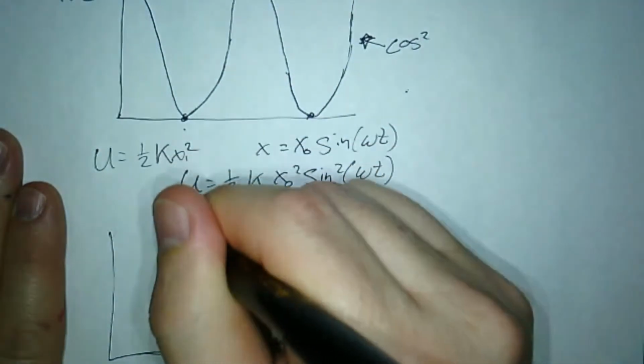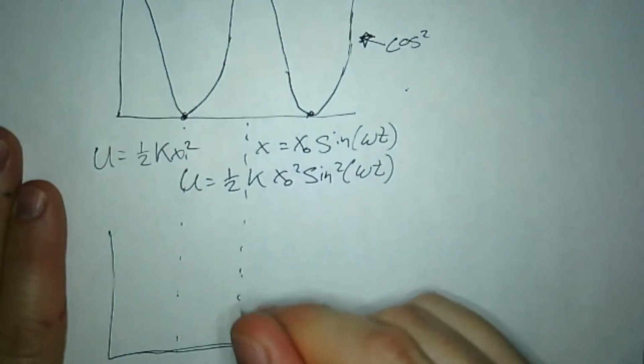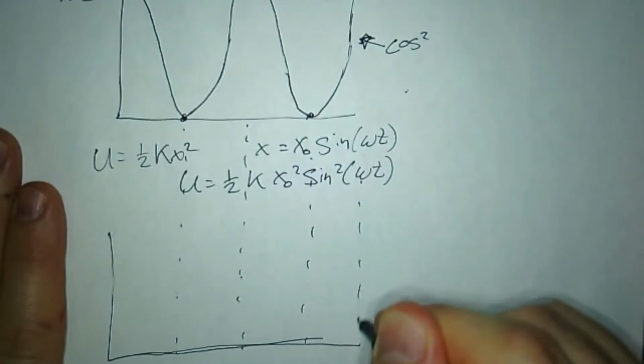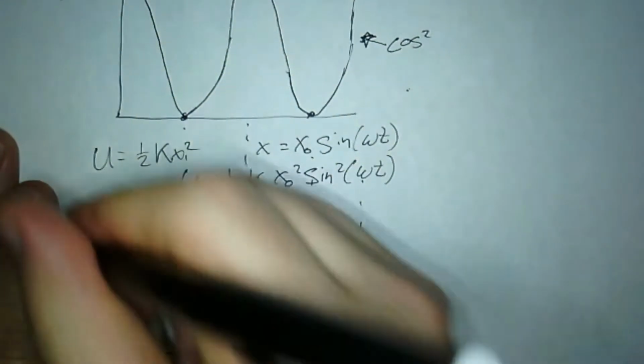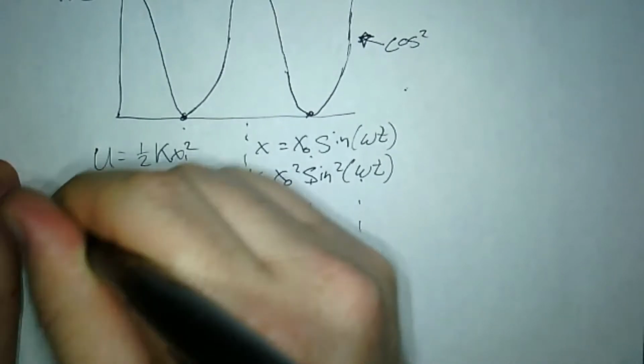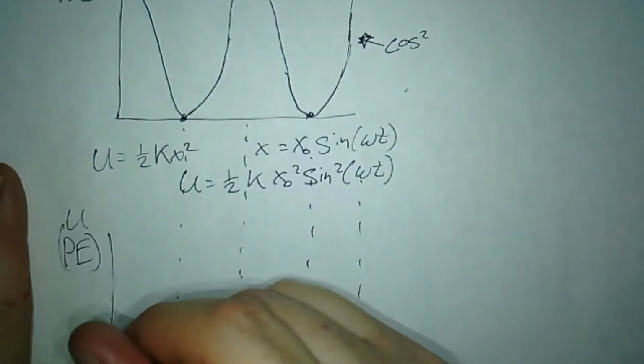So if I bring down my points like I did before, like that, and say this is going to be potential energy, or U if you'd rather, no pun intended.